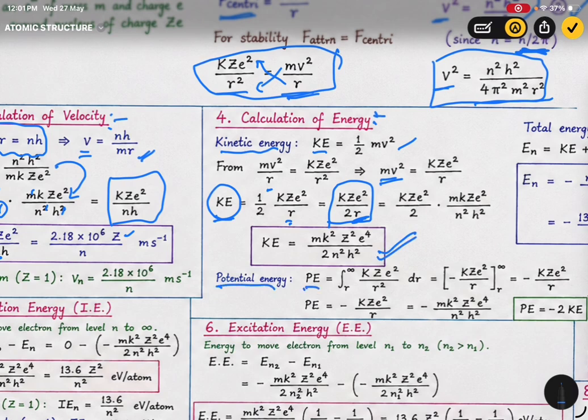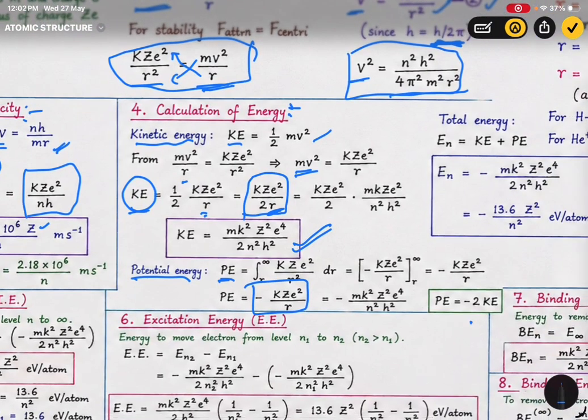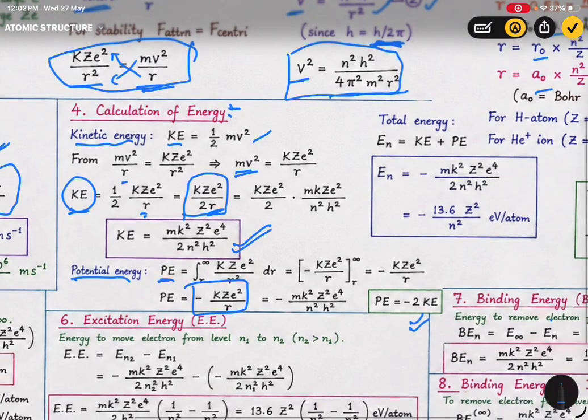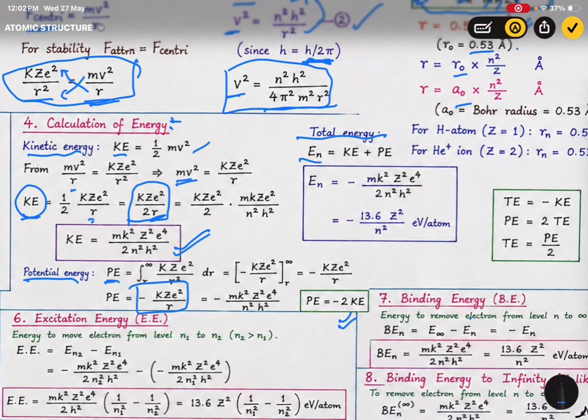Coming to potential energy, we can directly take minus K Z e square by r, because integration needs to be done here. So the potential energy equals minus K Z e square by r, which is minus 2 KE. Total energy is the sum of kinetic and potential energy. So we get this, because 1 minus 1 by 2 equals minus half.